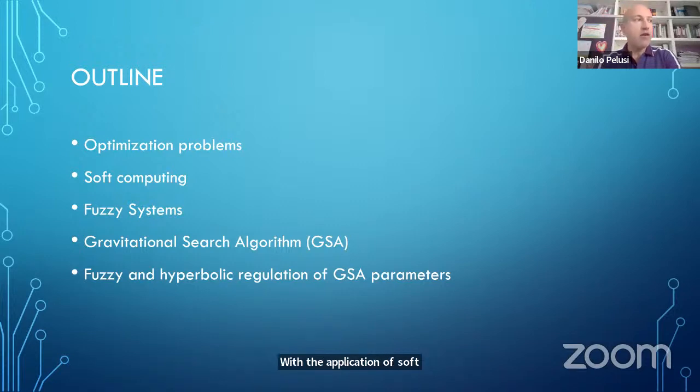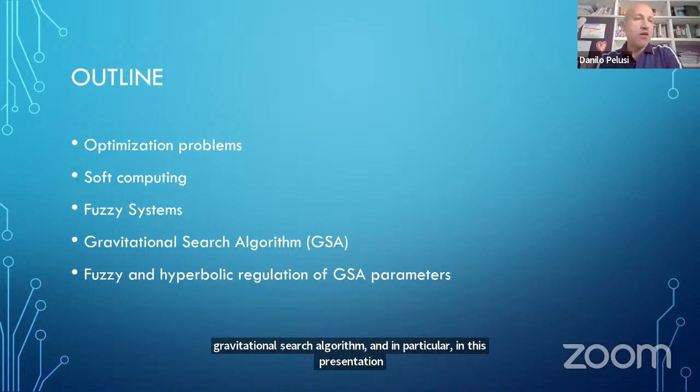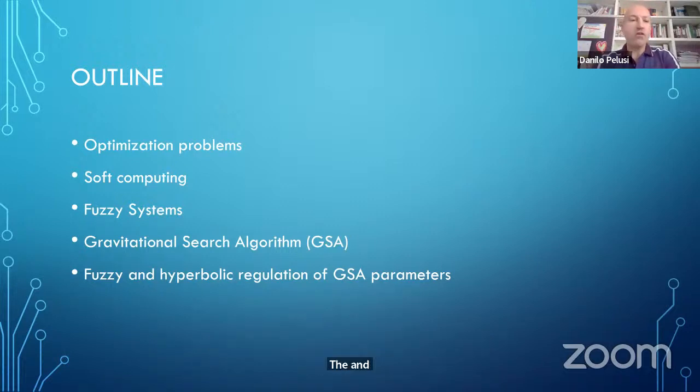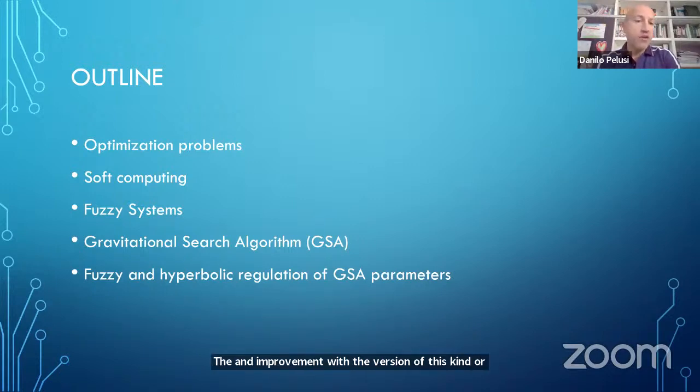In particular, we take into account fuzzy inference systems and a nature-inspired algorithm named the gravitational search algorithm. And in this presentation, we illustrate an improved version of this kind of algorithm to solve some optimization problems.